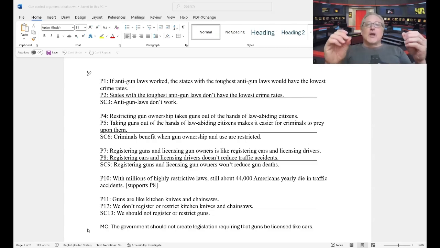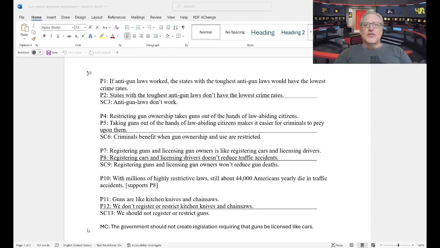However, in the context of this text, we know that it is written in an attempt to refute the position that the government should create laws requiring that guns be licensed like cars.